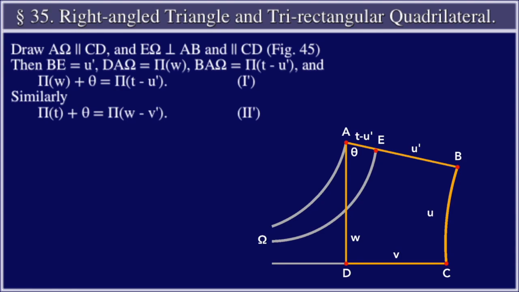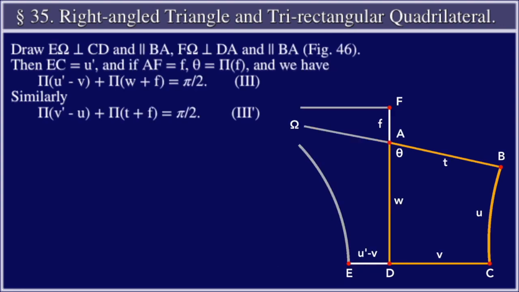Draw Eω perpendicular to CD and parallel to BA, Fω perpendicular to DA and parallel to BA, figure 46.